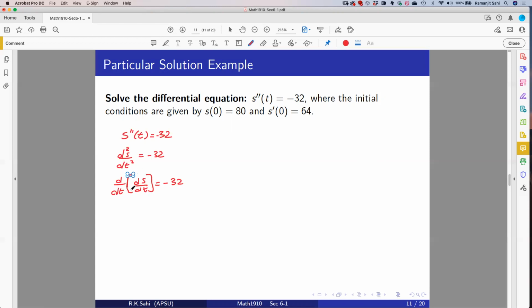Now we would like to change this into a nicer form so that we can do our integrals.